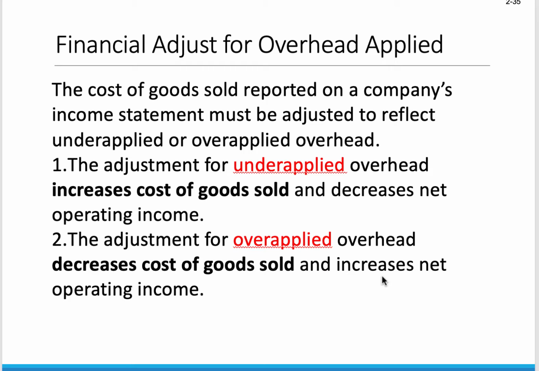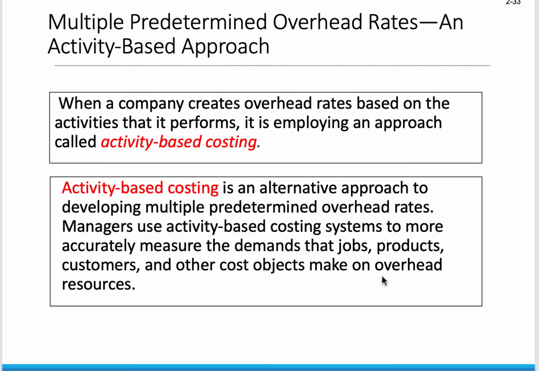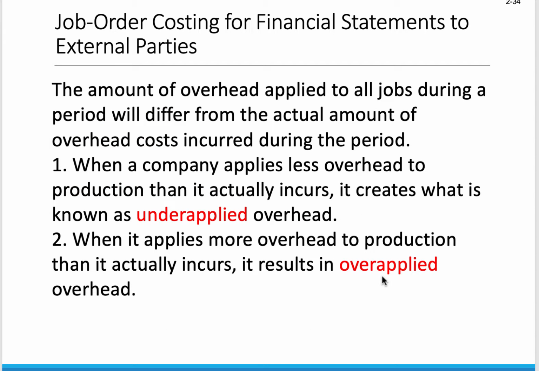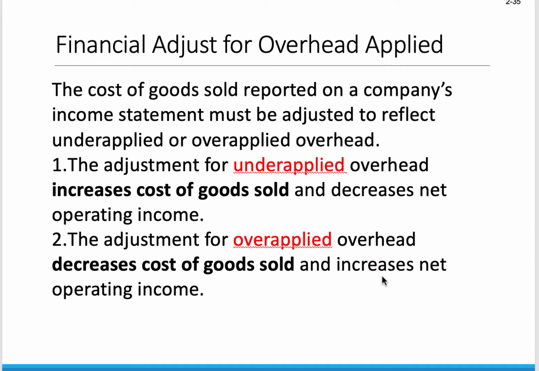So basically what we just did here, we went from managerial accounting, saying I'm going to cost this out, I'm going to account for the costs, I'm going to look at my manufacturing costs. Did I apply enough, or did I apply not enough?